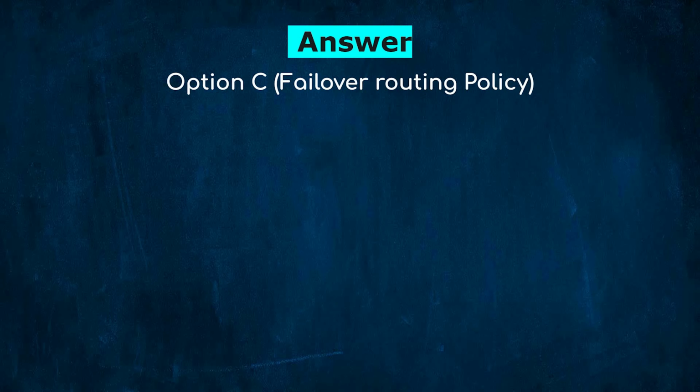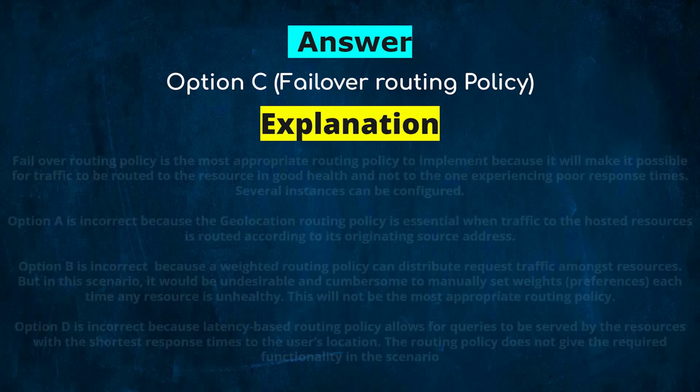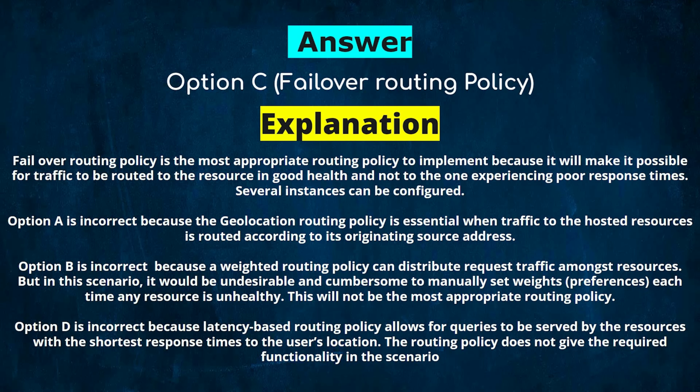Failover routing policy. Explanation. Failover routing policy is the most appropriate routing policy to implement because it will make it possible for traffic to be routed to the resource in good health and not to the one experiencing poor response times. Several instances can be configured.